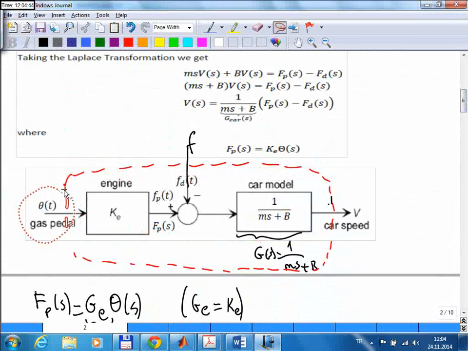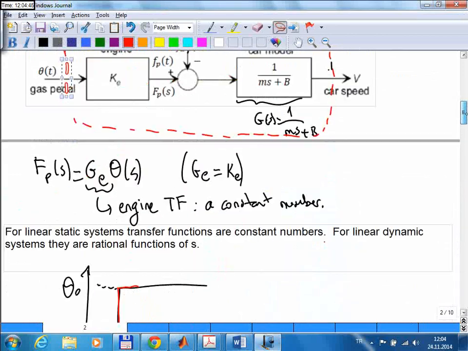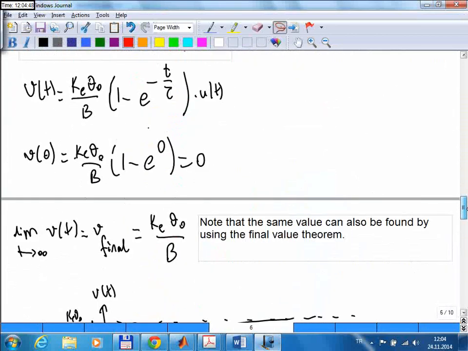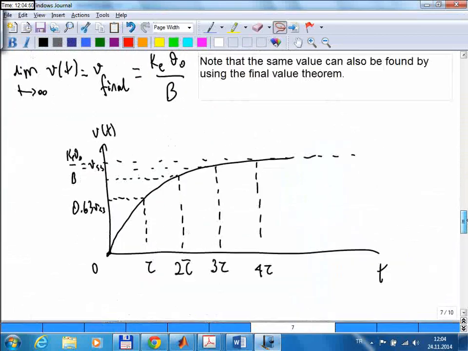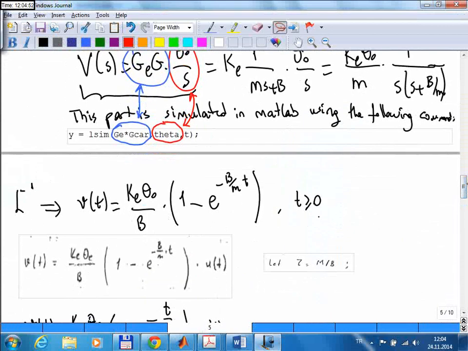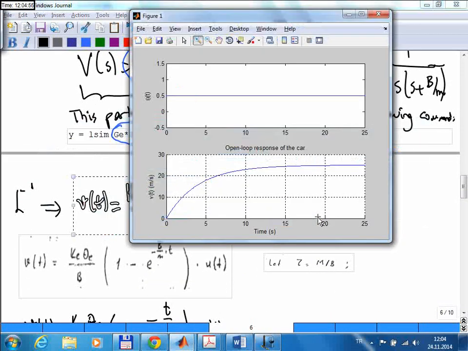And when we give an input, we found the output function, and then by plotting that function, this is the final result we get. Okay, so the car starts accelerating and keeps accelerating up until it reaches a steady value of 25 meters per second. Okay?